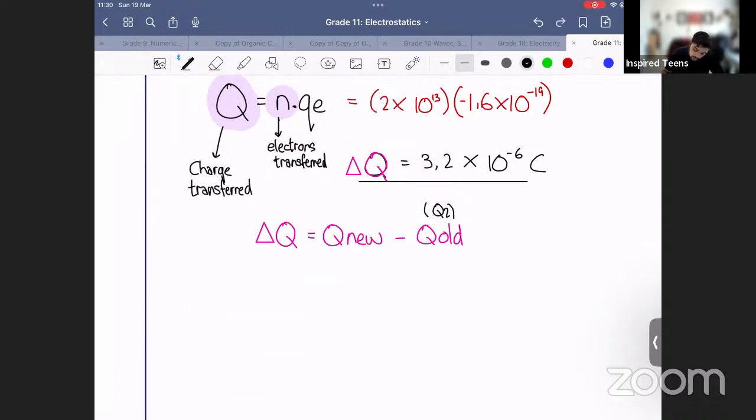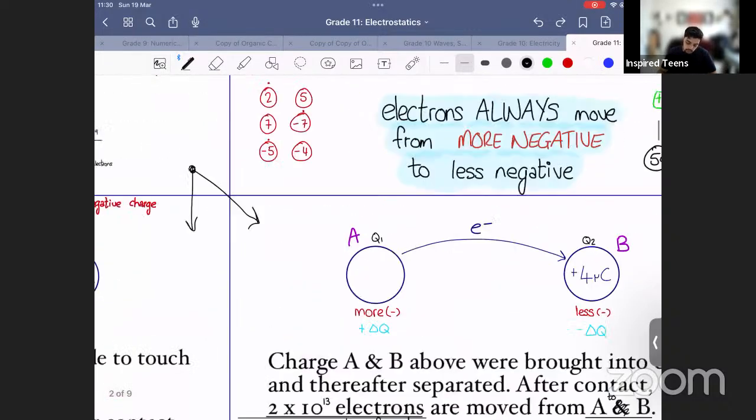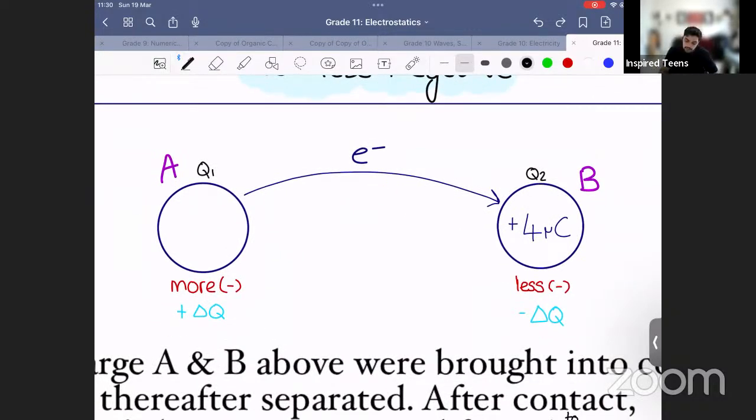Now, delta Q we can substitute as negative or positive, right? We substitute a negative. Delta Q we can substitute negative or positive, depending on whether we're working with the more negative or the less negative. So the Q old that we're working with has to be Q2. So someone tell me, is Q2 less negative or more negative? Is the less negative, correct? So since Q2 is less negative, does it have a negative delta Q or positive delta Q?